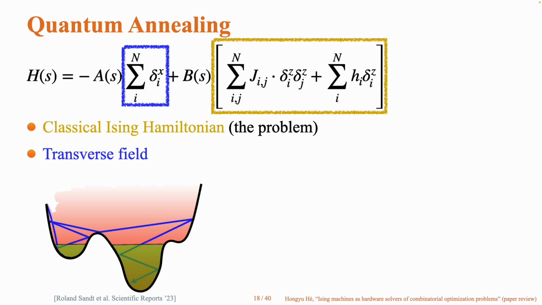It means that we still have the landscape, but in a local minimum it excites the whole system so that we can escape from the local minimum.